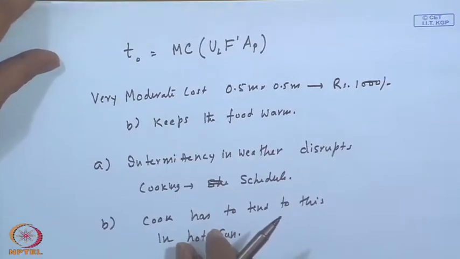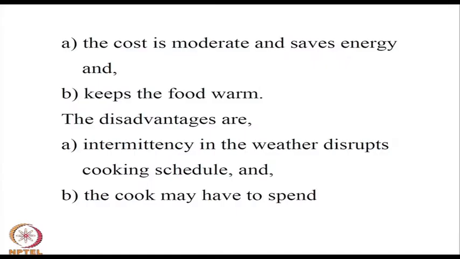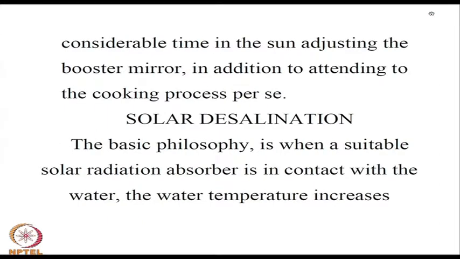He has to spend some time outside moving it to the position where there is no shadow and changing the tilt of the mirror booster so that the reflected radiation will fall on the solar cooker. Of course, there may be some cooking process itself that needs to be attended to, like you may like to stir the dal or the vegetable once in a while, so you have to go out.